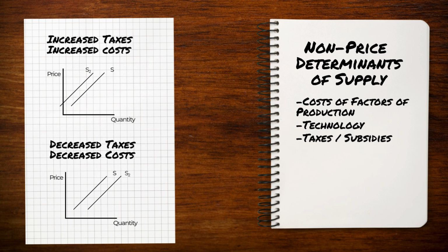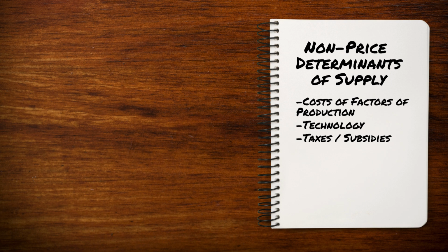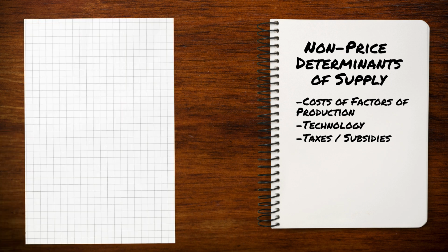Whereas a tax is money paid to the government, a subsidy is basically the opposite. It's when the government pays the firm per unit of goods produced. In later videos, we look at subsidies in more detail and learn why the government might want to do that. But for today's video, the important thing for you to understand is simply that a subsidy effectively makes the production process cheaper.